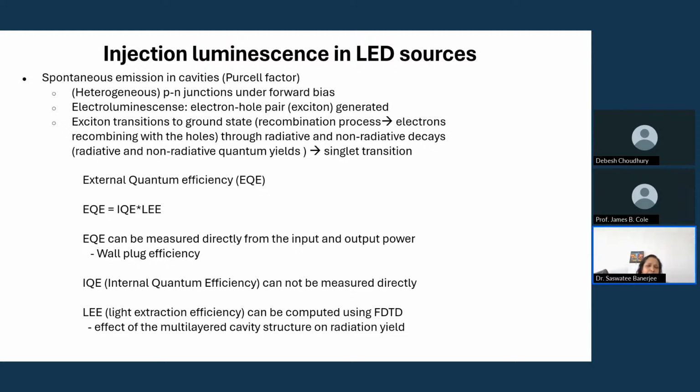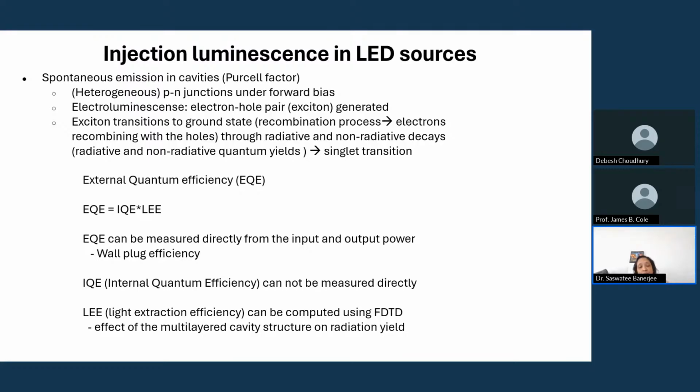And then the EQE is actually a product of internal quantum efficiency and the extraction efficiency. This is important to understand because the IQE, or internal quantum efficiency, cannot be measured. There's actually no way you can directly measure it. However, you can measure the EQE.